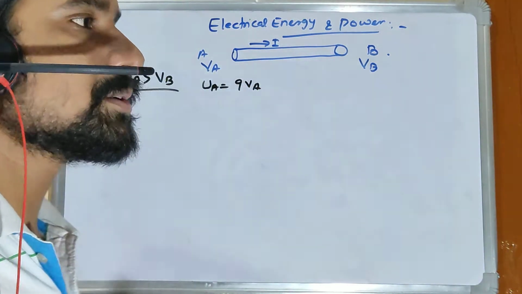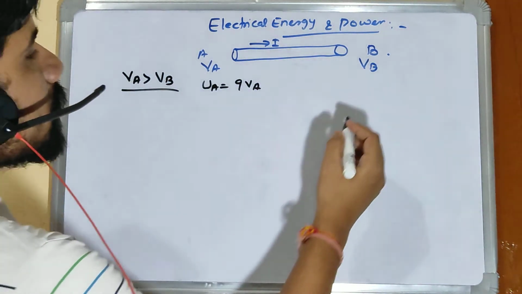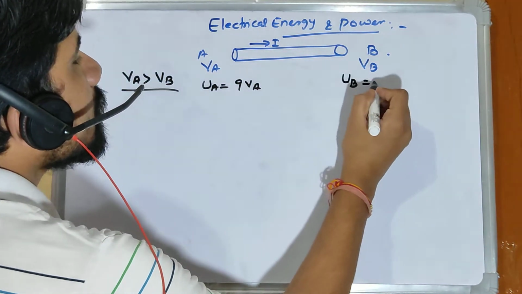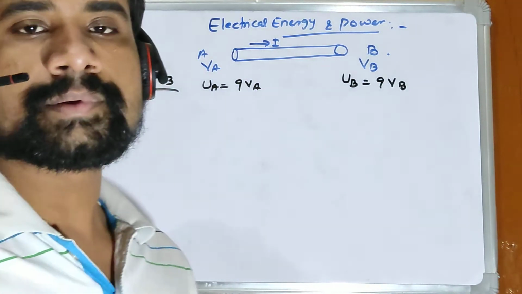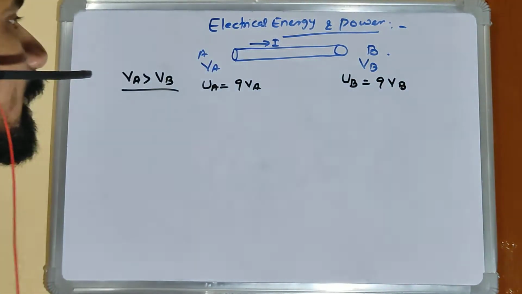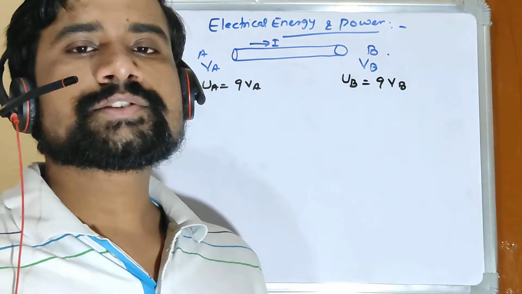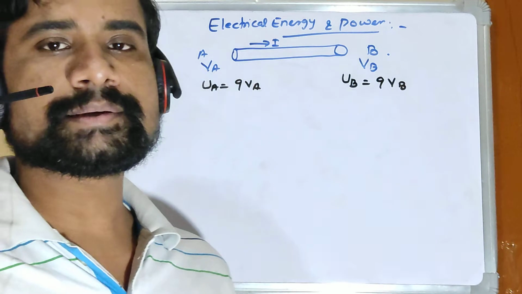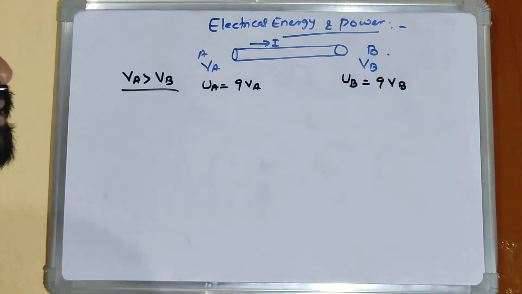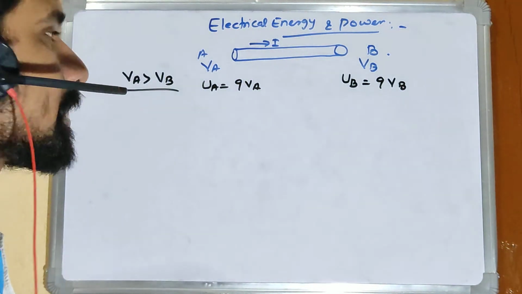And potential energy at B will be what? Q into VB, right? And what is the amount of charge which is flowing in delta t time? That is I times delta t, right? Charge is nothing but current into time, right?